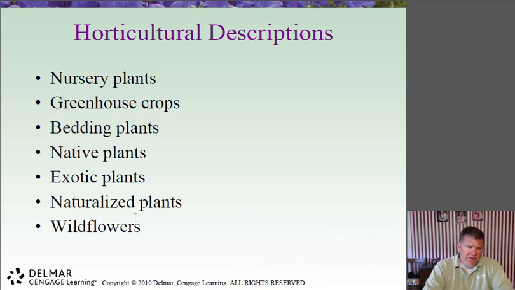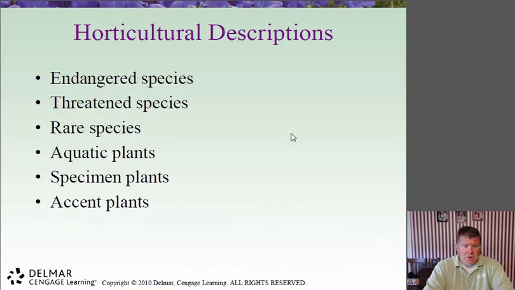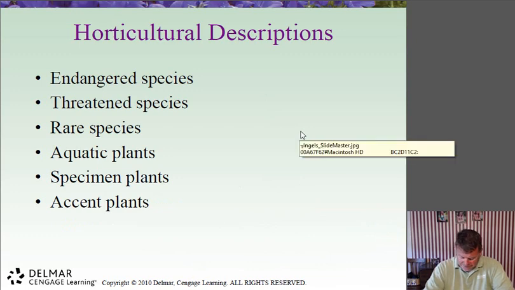You're going to see a lot of this in the medians along highways, going up 52, going down 40, even around some of the major interchanges of these interstates. You'll see wildflower plantings. And one thing they plant this for is so they don't have to mow as often. Endangered species. Plants that are endangered of becoming extinct.